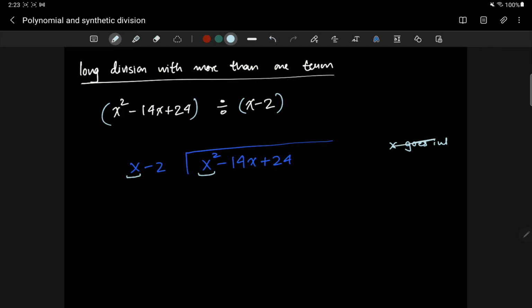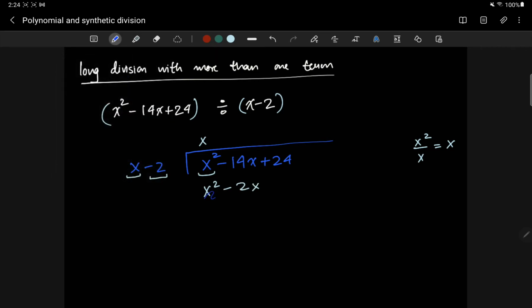Basically, you're trying to find what is x squared over x, and that is x, which means that this number here should be x. So now you have x times x is x squared, but you also have to multiply the second term with x.